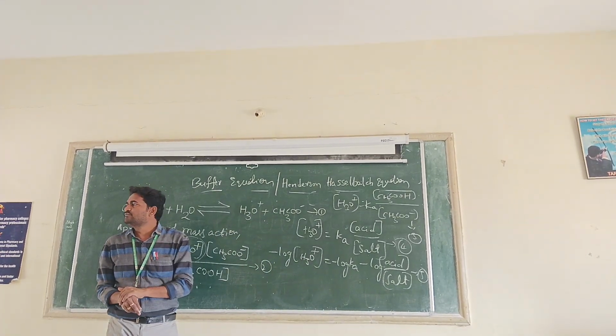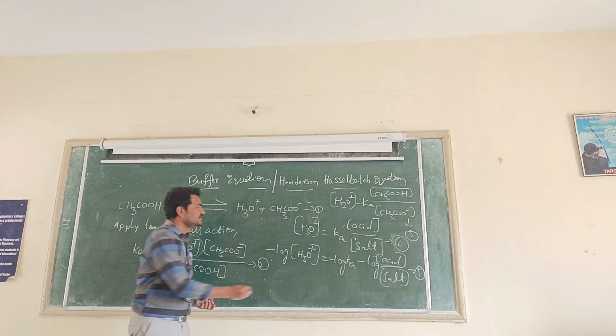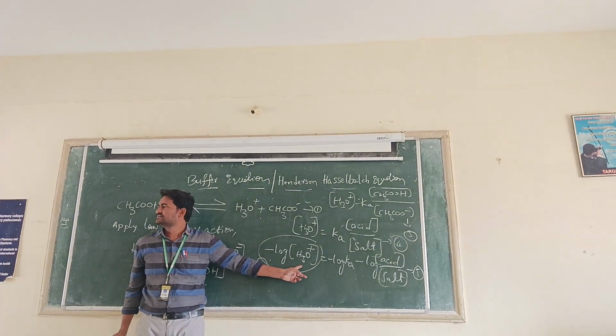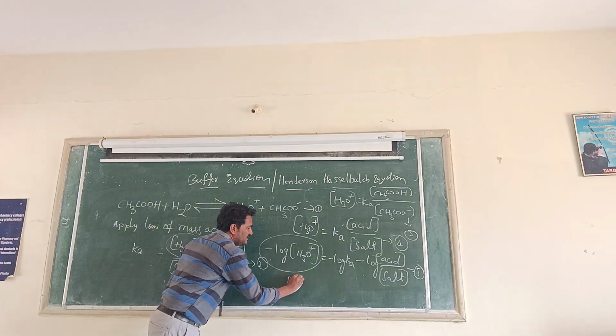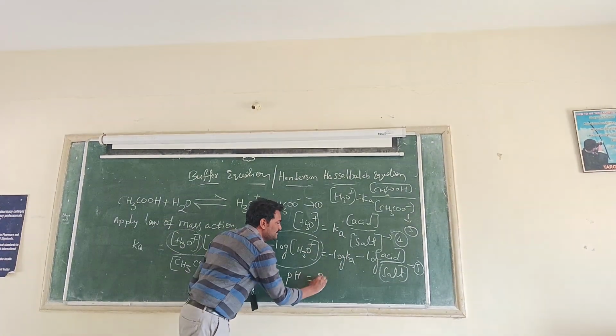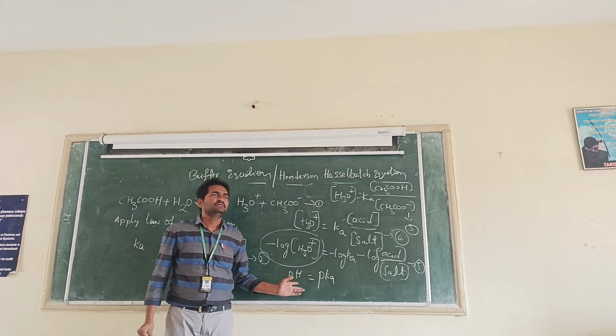Now what is the equation of pH? pH is the negative logarithm of hydrogen ion concentration. See, negative logarithm of hydrogen ion concentration. So we can mention pH equals minus log Ka, which is pKa. Minus log Ka is pKa.